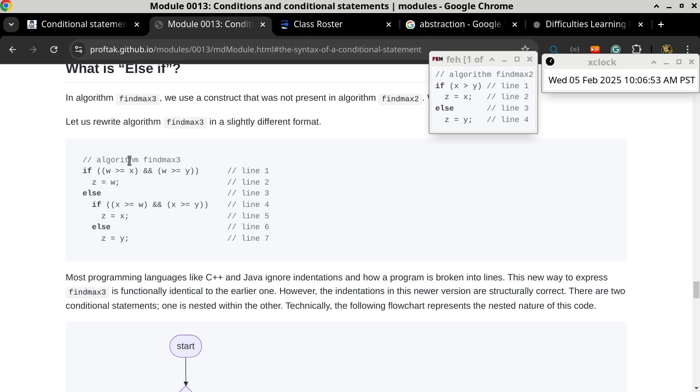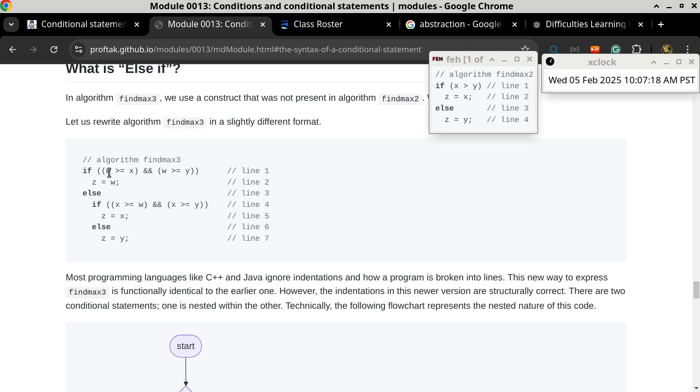So in the find max, this entire conditional statement here is the else statement of the outer conditional statement. In other words, we have one conditional statement where one part of it contains another conditional statement. This is where things get a little bit tricky to explain.